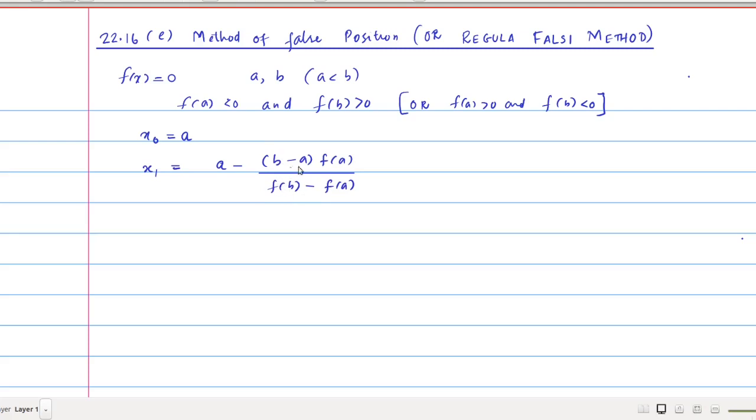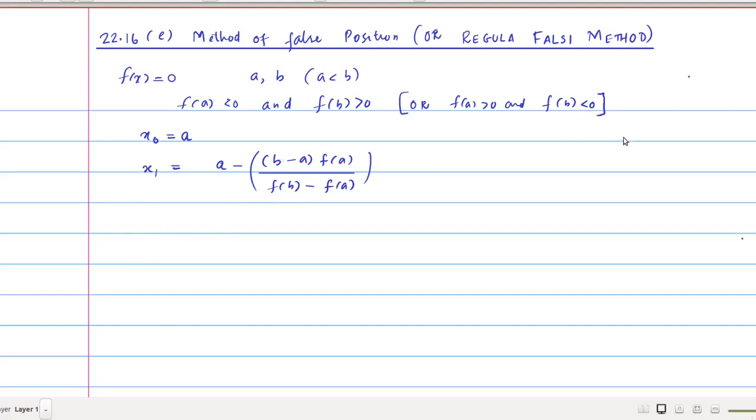with equal importance. Okay, so here the difference is a minus this number. That is the only thing we need to observe. In the quantity used inside this bracket, we need to use a and b simultaneously. So in each iteration, the next iteration x2, we will have to use these 2 points.